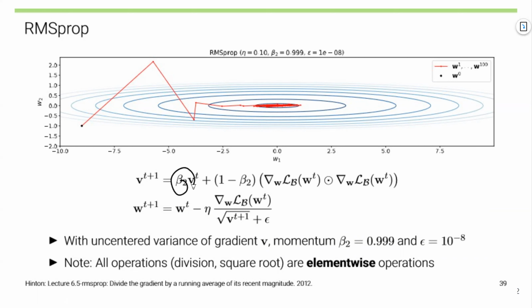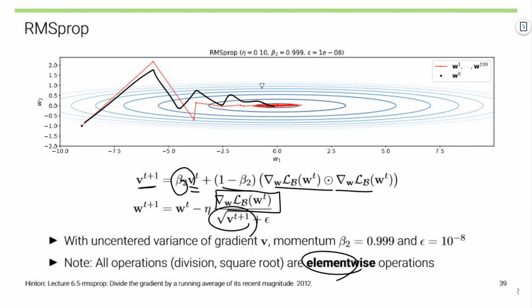Beta 2 is multiplied by the previous stored value, and 1 minus beta 2 by the squared gradient. We use this accumulated value to divide the current gradient. All these operations are element-wise. As you can see here, it becomes much faster and the dampings are strong.